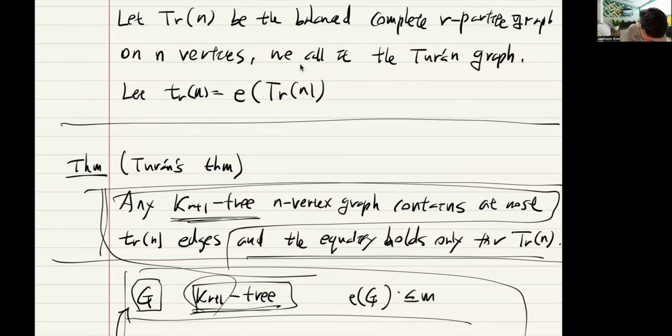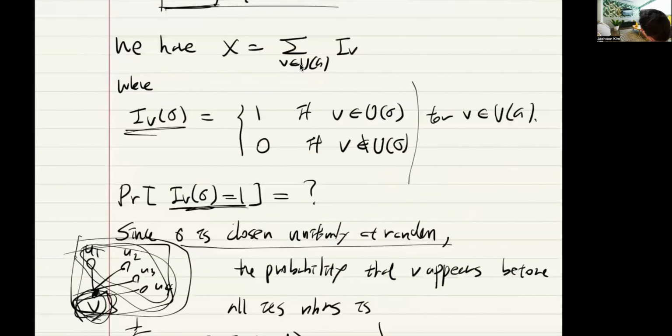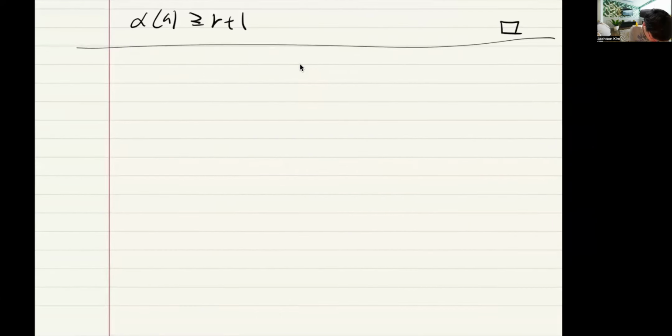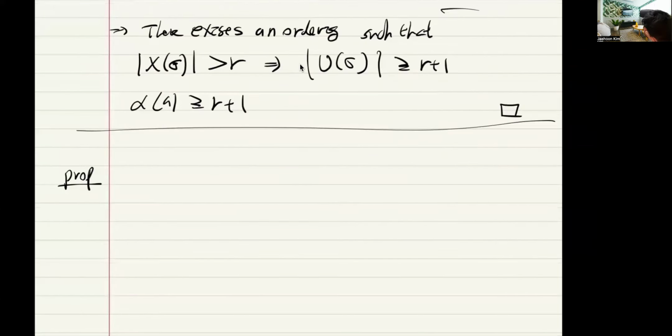Then in order to prove the equality case, we analyze the proof of this. Then we can show that, again, same setup: you have n, r, where n is qk plus r.